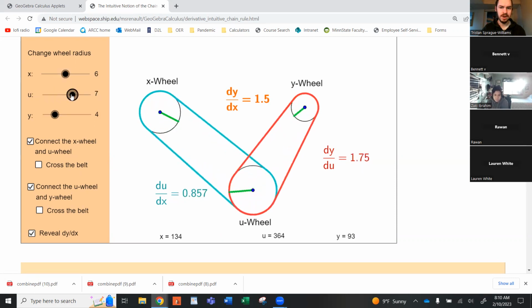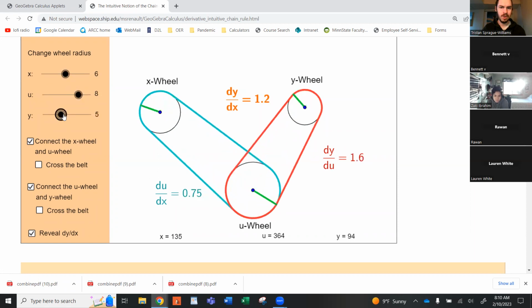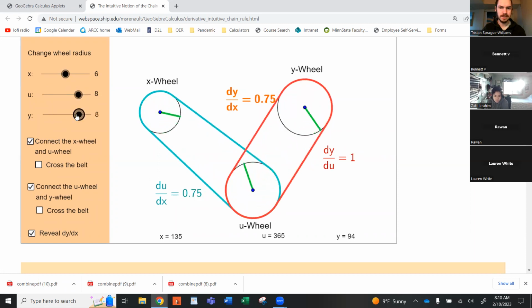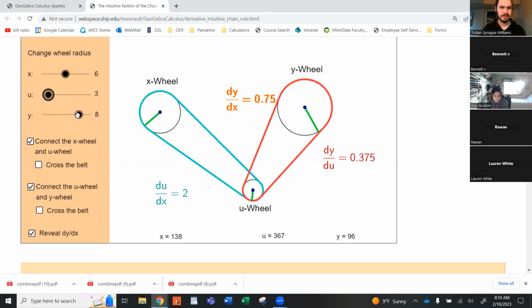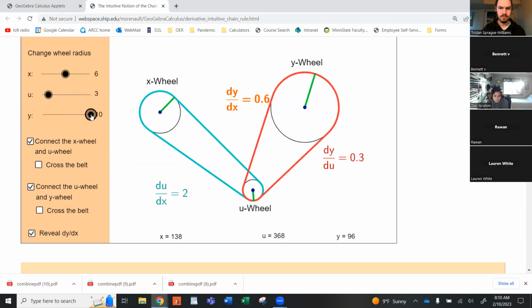I can make u bigger, or change y to be whatever. Now this is a rate of change of 1 because they're exactly the same size. 0.75 times 1 is 0.75. You can do all kinds of fun things here. 2 and 0.3 multiplied together, 0.6.